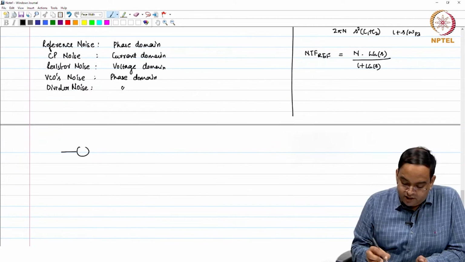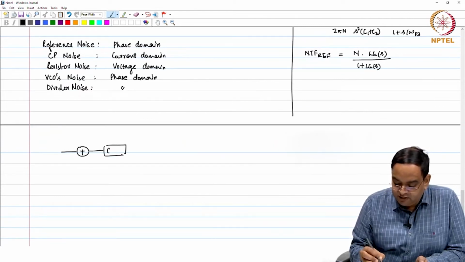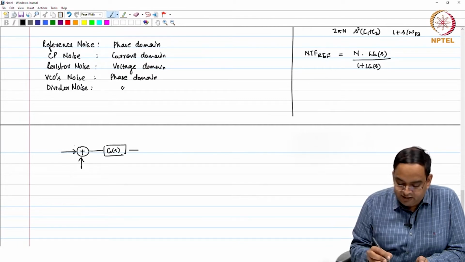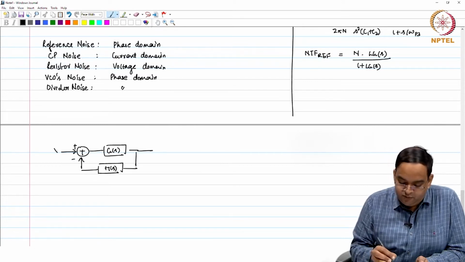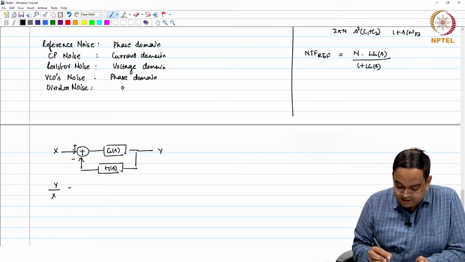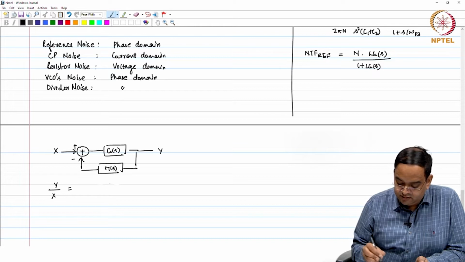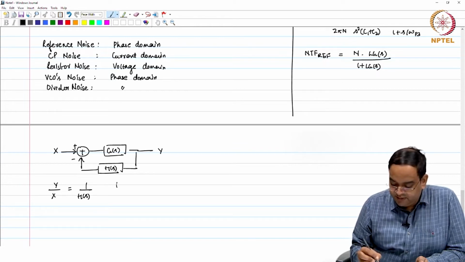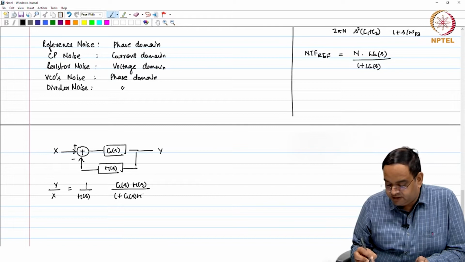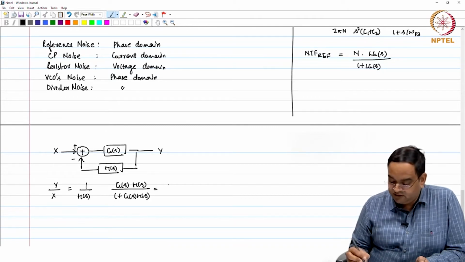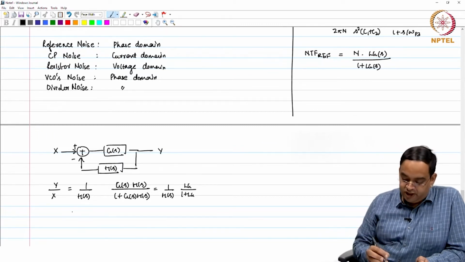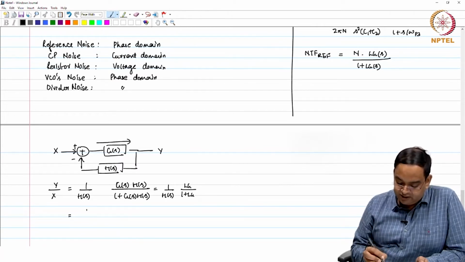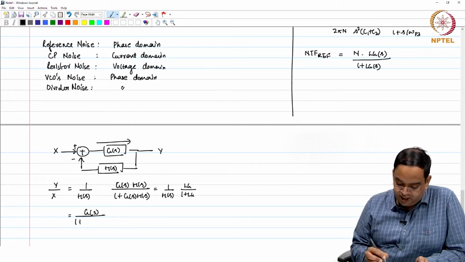For a block diagram like this, if you have a forward path G of S and you have a negative feedback path with H of S, right, then the input to output transfer function y by x is given as G(s), that is 1 over H of S times G(s)H(s) divided by 1 plus G(s)H(s), okay, which you can think about as 1 over H(s) times loop gain by 1 plus loop gain of the loop, or sometimes you also write it as the forward path gain divided by 1 plus loop gain.